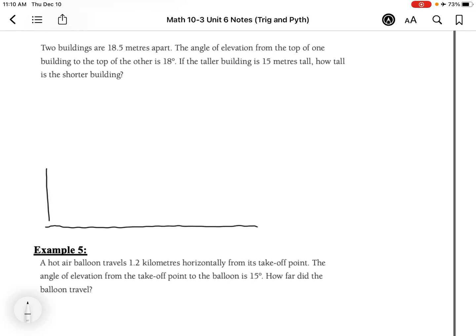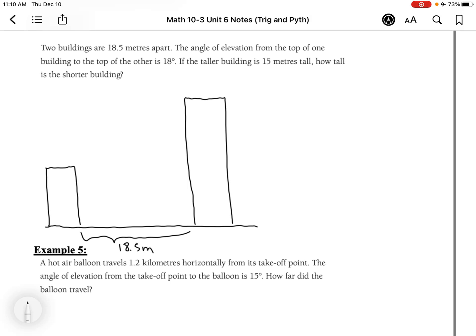Here's one building, and here's another building. And this distance between them is 18.5 meters. Okay, so that's one thing that we know. We know that they're 18.5 meters apart. We also know that one's taller than the other.